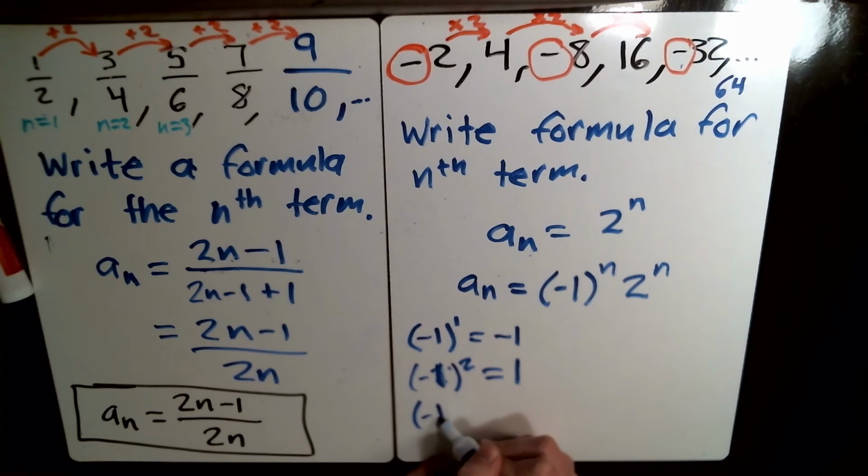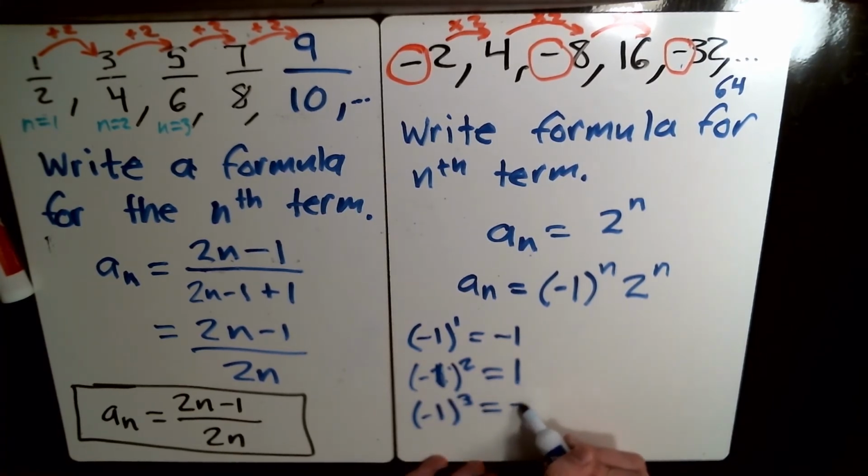What happens when you do -1 to the 3rd power? You get -1. What happens when you do -1 to the 4th power? You have 4 negatives times each other, which is going to be +1.